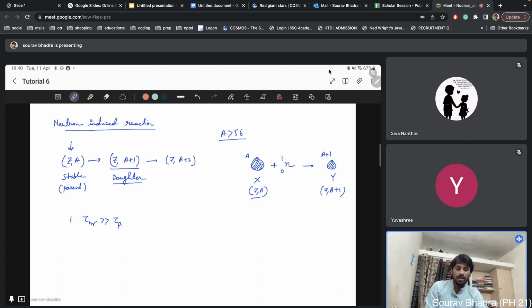So if the neutron capture time is greater, then the product, which is Z, A plus 1, will undergo beta decay, because it will get sufficient time to decay as the neutron reaction time is larger.